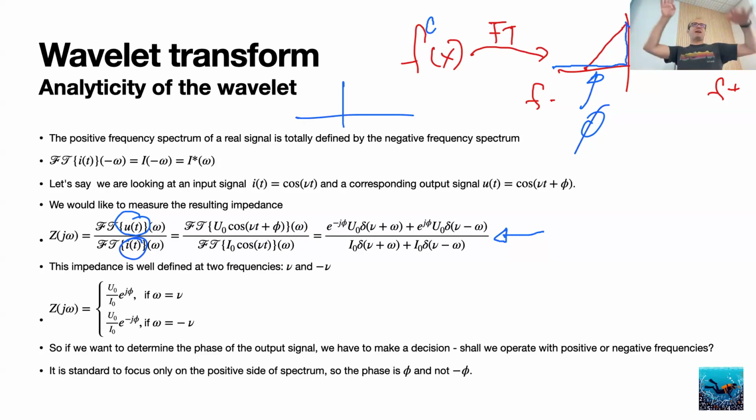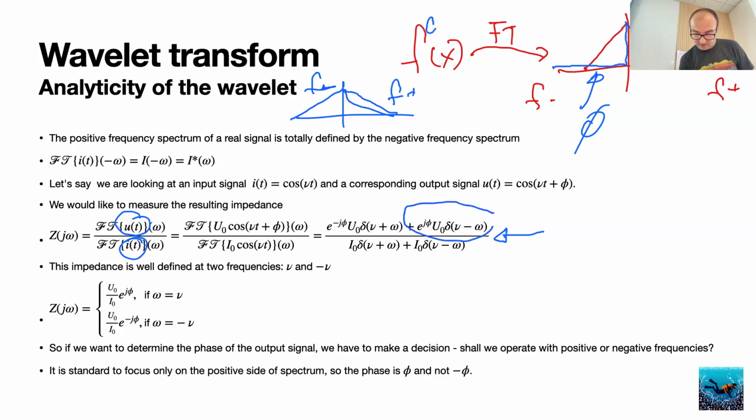Regardless of how they look, spiky, non-spiky, nobody cares, they are symmetrical. We have positive frequencies and we have equal negative frequencies. So when we do a Fourier transform, we are getting the positive frequency part and the negative frequency part for the voltage and for the current.